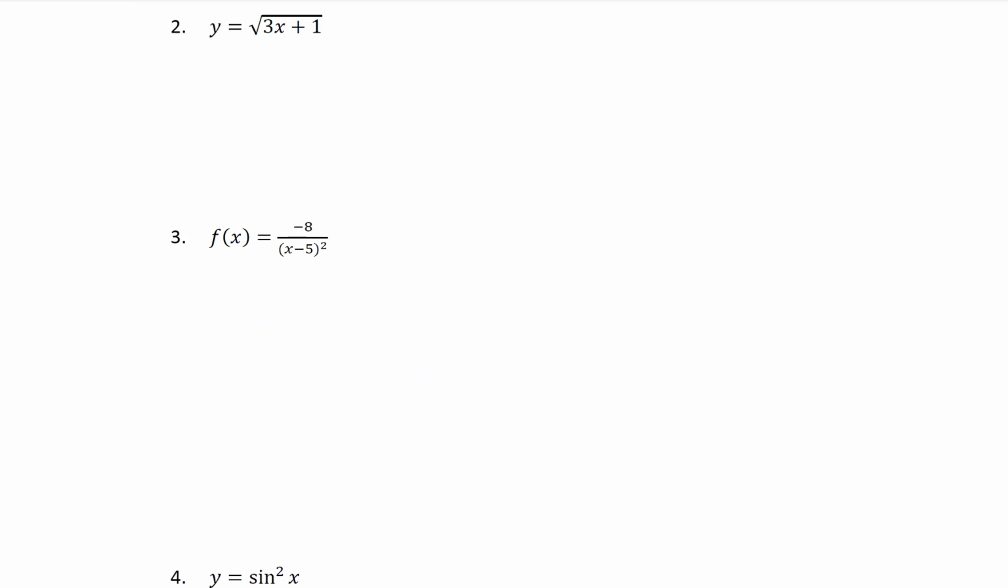So y is equal to the square root of 3x plus 1. So remember, this is the same thing as saying y is equal to 3x plus 1 to the 1/2 power. So now it looks like what we just did a second ago. So we know in this case, this is really just blah to the 1/2 power, where that blah is equal to 3x plus 1, our inside function.